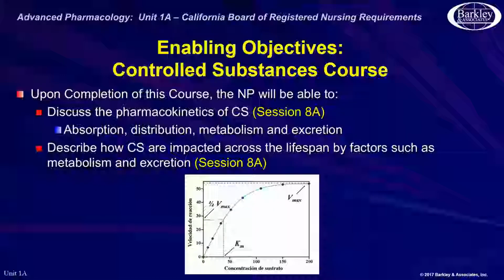Additionally, the nurse practitioner will be able to describe how controlled substances are impacted across the lifespan by factors such as metabolism and excretion. Again, those 2 key pharmacokinetic parameters will be discussed in the Introduction to Prescribing Controlled Substances.